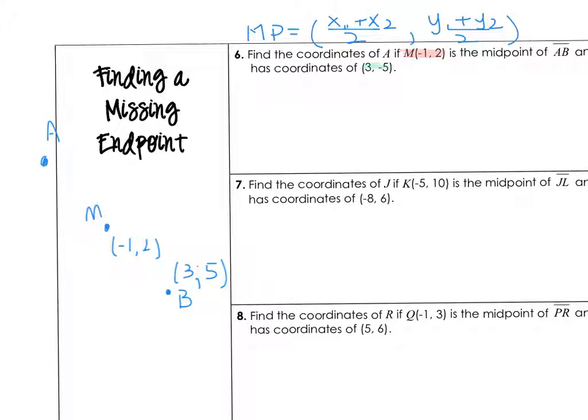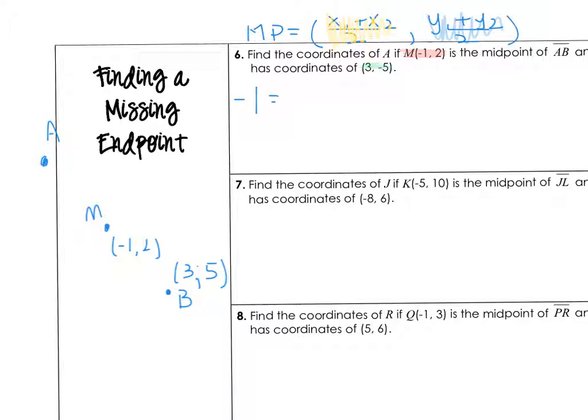So we're going to create two equations. One to solve for the x, and one to solve for the y's. So my x coordinate for my midpoint is -1.